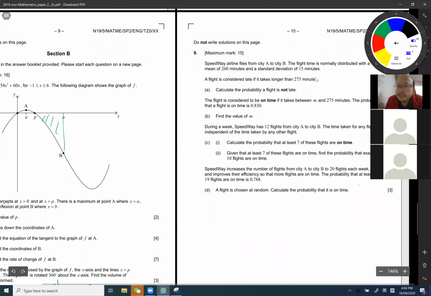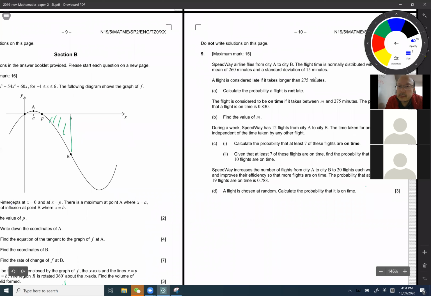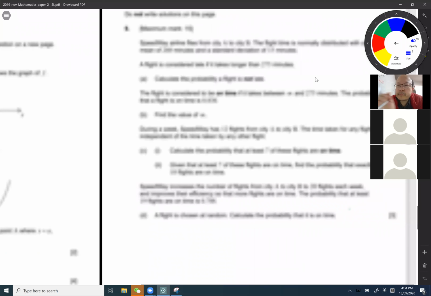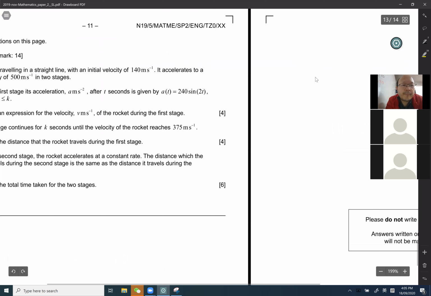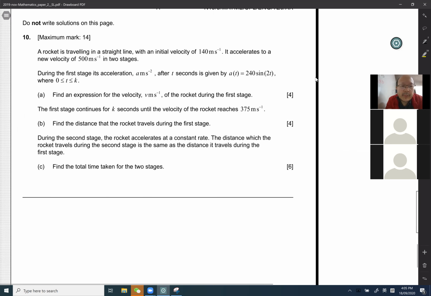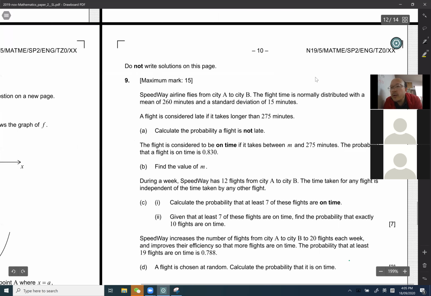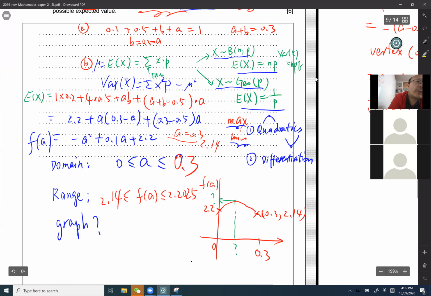You don't need this one. This is normal distribution. This question is too big. For this paper, we just select this question out.